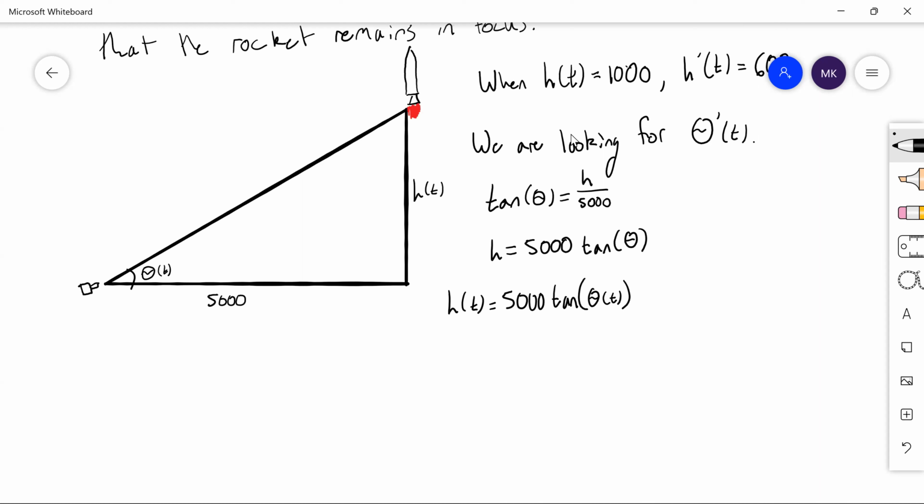As we take the derivative of both sides, we get h prime of t is equal to 5,000 times secant squared of theta of t times theta prime t. Now, depending on what you're looking at, people don't necessarily like functions of theta of t, and so some people would just leave it as theta, and then instead of saying theta prime, they would just say d theta dt. That's really up to you what your preferences are. Mathematically speaking, it's equivalent.